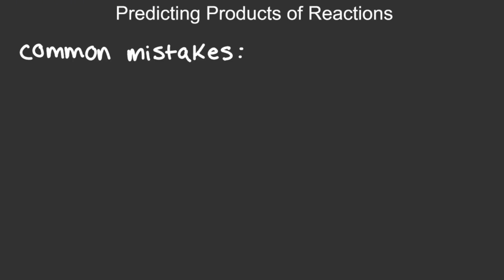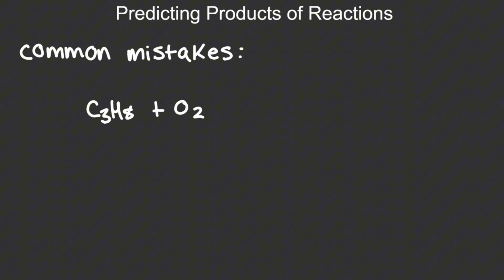Now, there are a couple common mistakes that a lot of people make. So first, they balance before actually predicting the correct products. So what I mean by that is if we had, let's say, C₃H₈ and O2 on the reactant side.